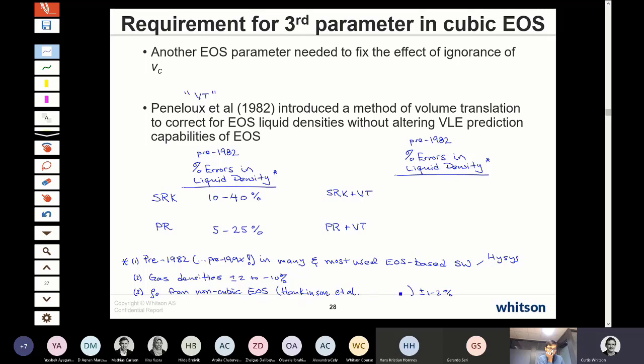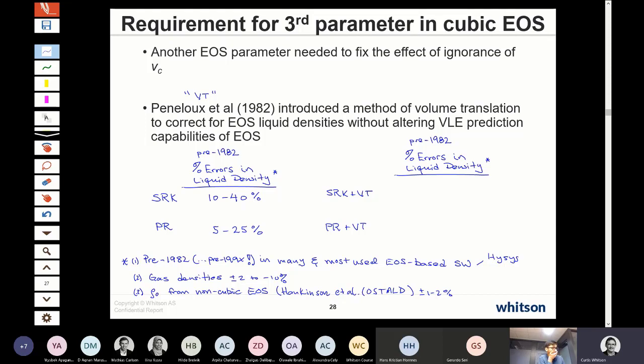I can't remember the name of it, the default HYSYS oil density correlation. Does anybody remember the name of that? The original publication was Hankinson at Phillips, but it doesn't really matter. Costald, yeah, something like that. And with that non-cubic equation of state, you got very accurate oil densities, which was great.